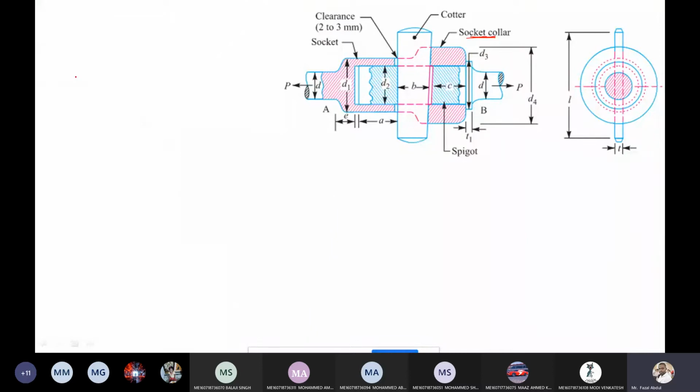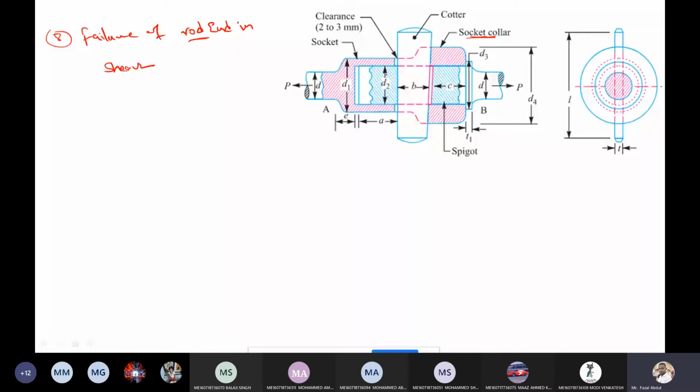The next point, the eighth one, is failure of rod end in shear. So which rod here?